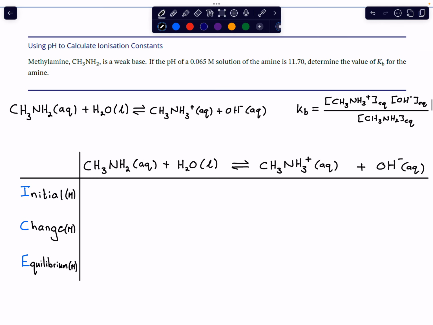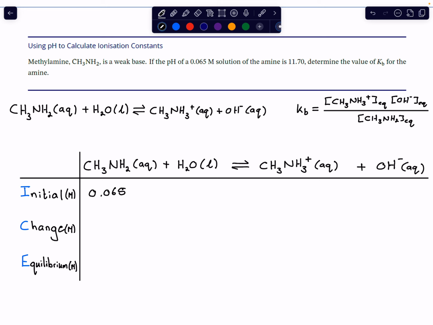So this is what you have. You take your equation and we take our initial information. Our initial information is that we take the solution concentration of the amine as the initial concentration of the amine. So that's 0.065 molar. Remember, we work in molar.